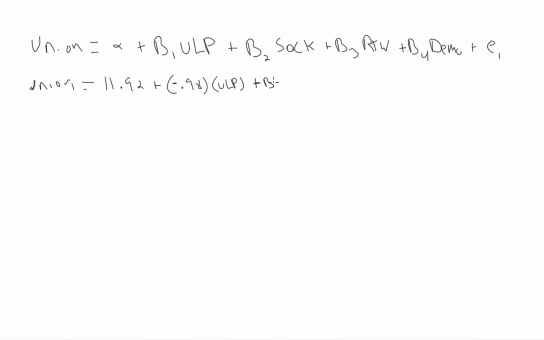B2 in the equation, whoops, just cross that out, is negative 0.93 times SOC. Again, that's SOC, not suck. There we go. Plus negative 6.60 for right to work.